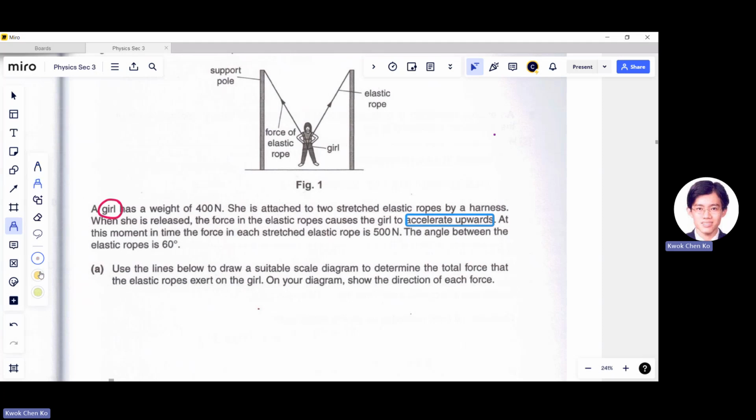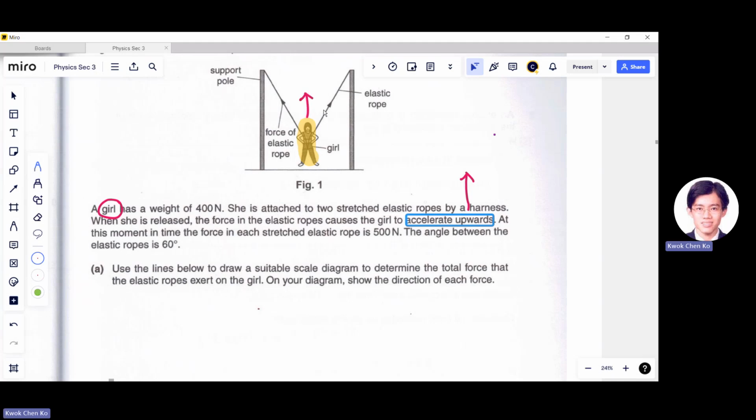So as I said, it always makes good sense to identify the object of interest. And in this case, it's the girl. Now, in addition, the question also mentions that the girl is accelerating upwards. Of course, in this case, by upwards, we infer that it's vertically upwards, right? So she is accelerating vertically upwards.